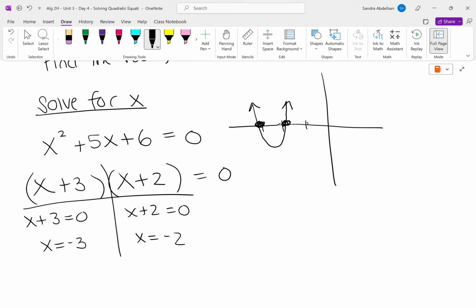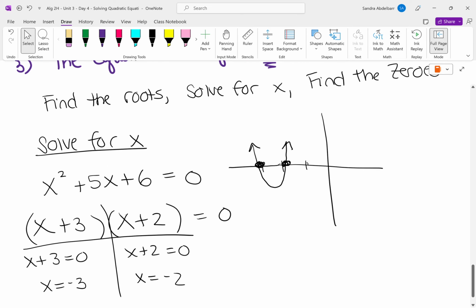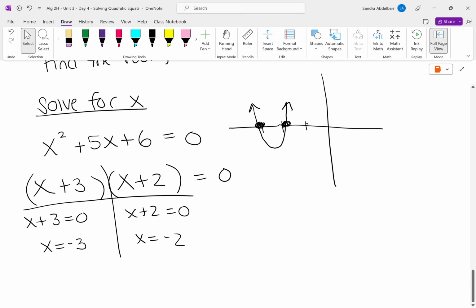So essentially what we're doing is finding the x values of where we're crossing the x-axis for this parabola. That's why they call it zeros, right? That's why when I say find the zeros, well, what's 0? The y is 0, right? That's why we're setting it equal to 0. And roots is just another word for zeros.